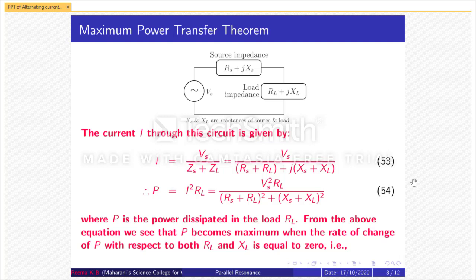From the above equation, we can see that power becomes maximum when the rate of change of P with respect to both RL and XL is equal to 0.